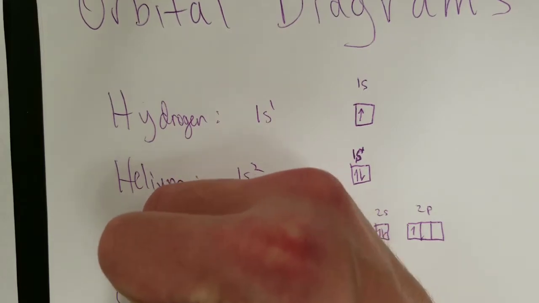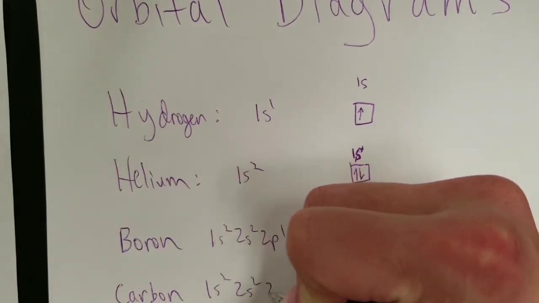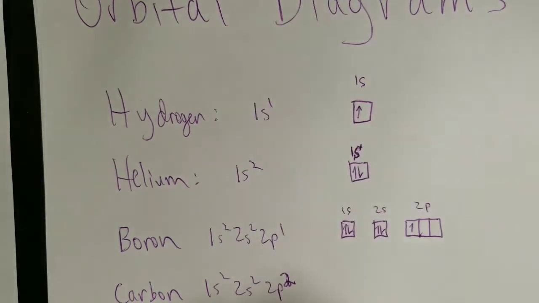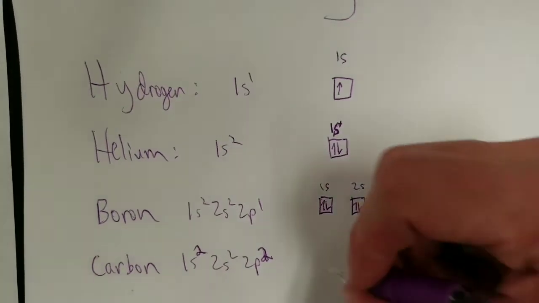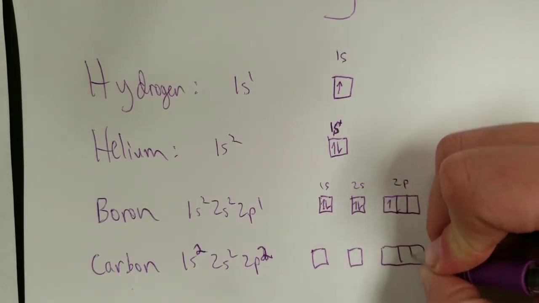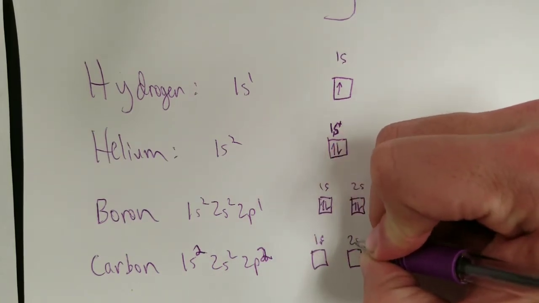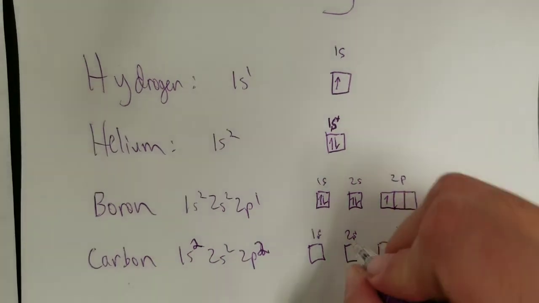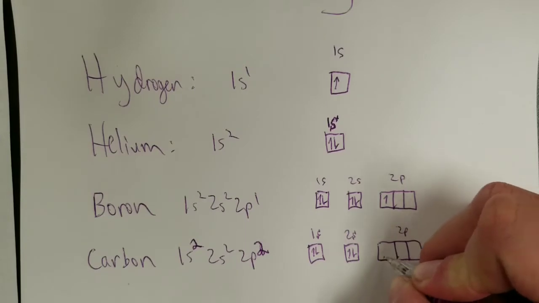Now, Hund's rule applies when you see carbon. 1s2, 2s2, 2p2. So there's your 1s, there's your 2s, there's your 2p. So 1s2, 2s2, 2p2.